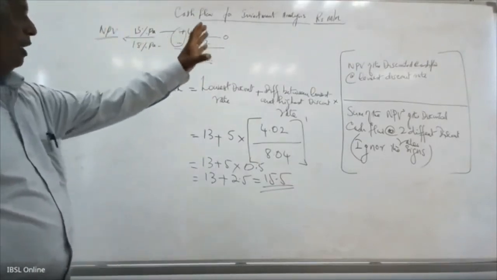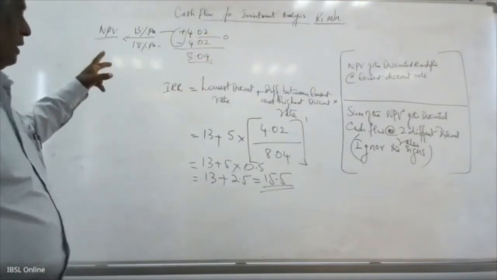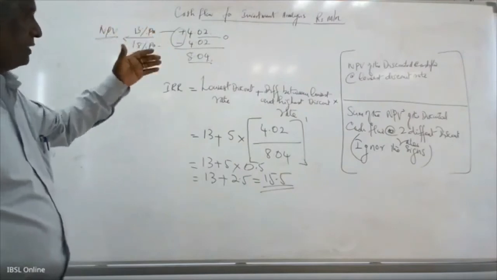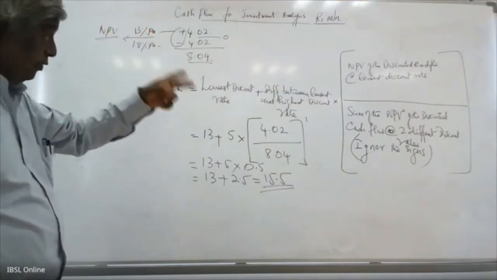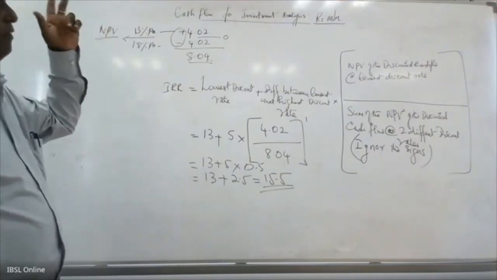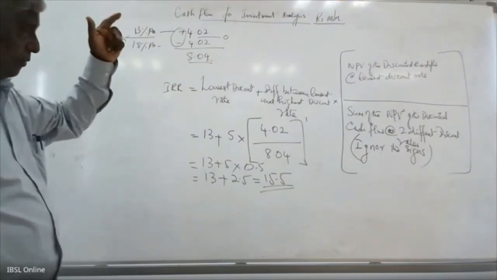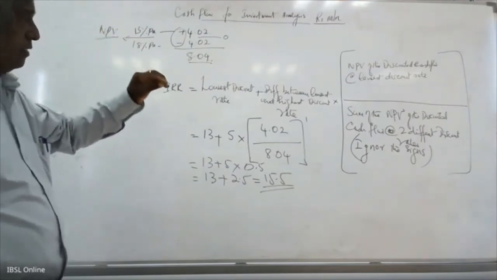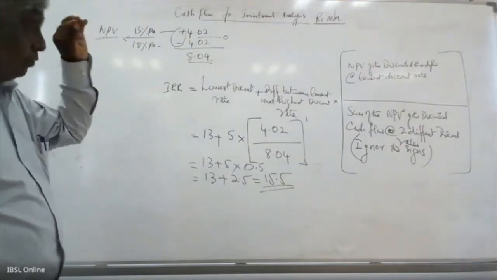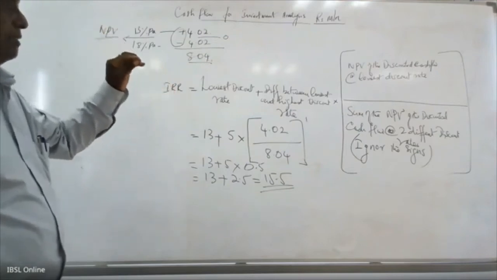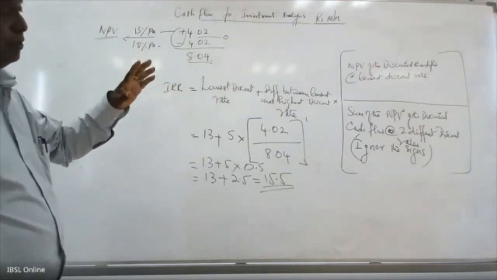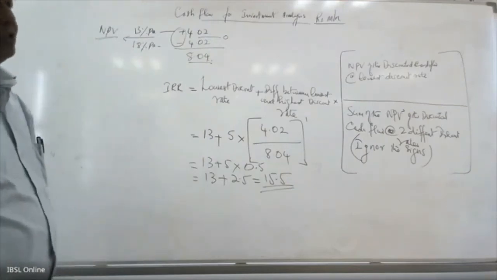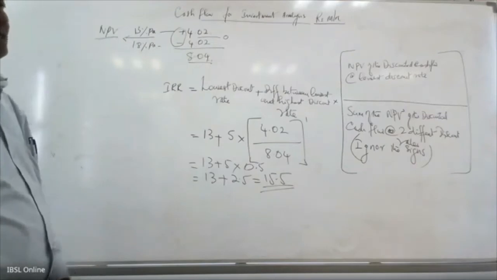So this is the formula. IRR is equal to the lowest discount rate plus the difference between the lowest and the highest discounting rate into the NPV of the discounted cash flow at the lowest discount rate, divided by the sum in total of the NPVs of the discounted cash flow at two different discount rates. There, of course, you ignore the signs and total. If you total with the sign, then it is a problem.